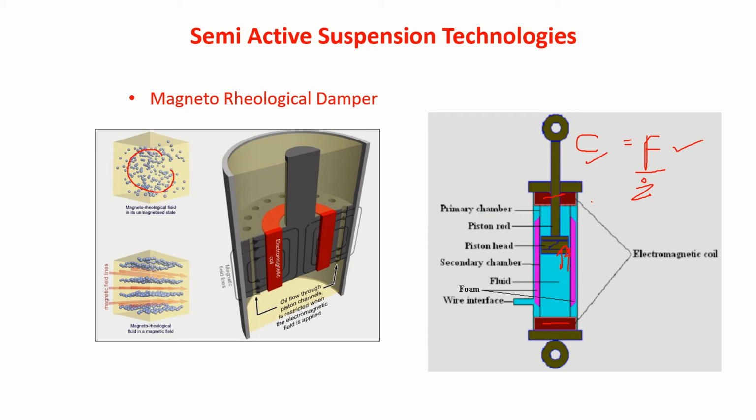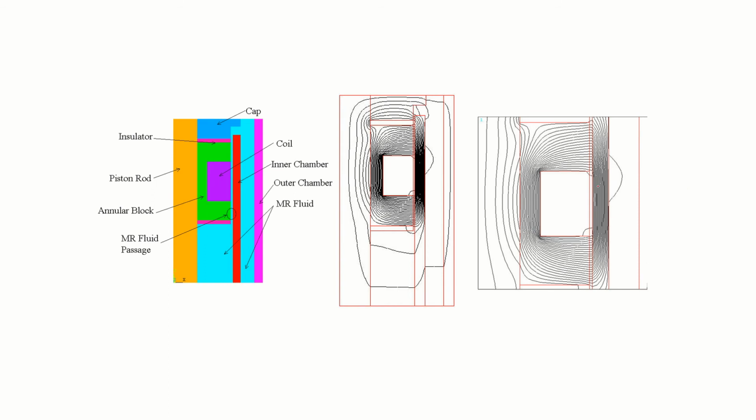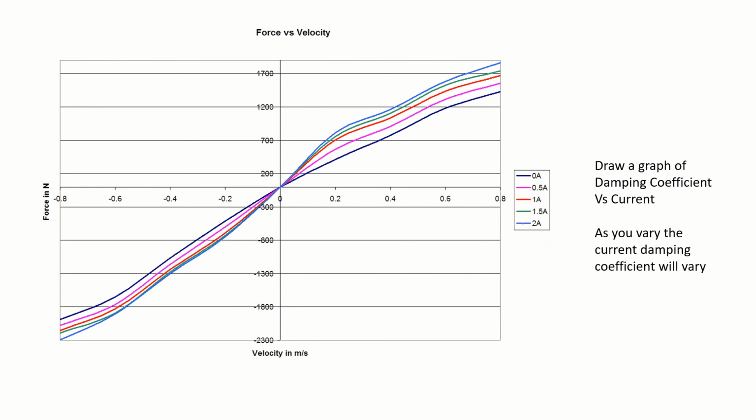But where to keep the coil? There are so many ways of doing it. Some people keep the coil here itself, so that as the piston passes, the rheology of the fluid can change, and accordingly the damping coefficient can change. These are some of the work done, showing how exactly when the current passes through this coil, the magnetic field changes, and accordingly the particles get aligned.